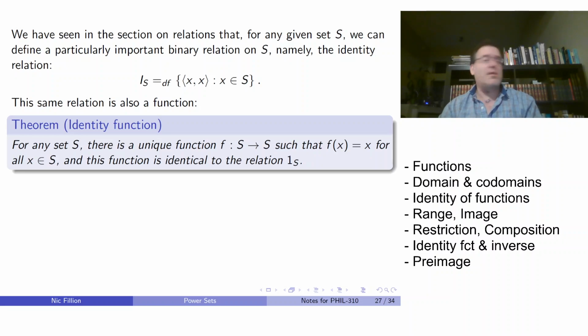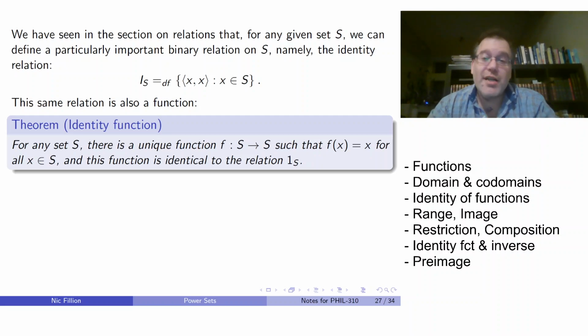So f is the function that does nothing. It takes x as input, it returns x as output. Find your favorite example of a do-nothing person and say that's the equivalent for functions, all right?